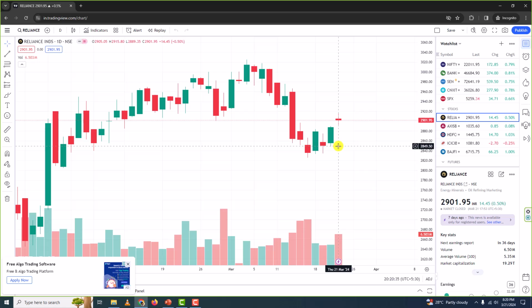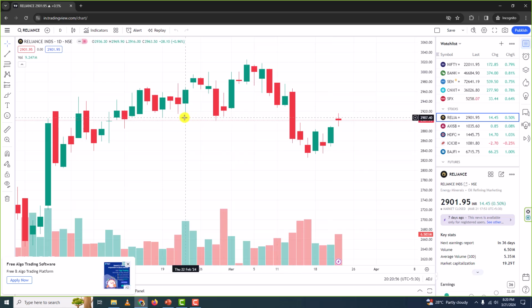2024. In the same way, this candlestick represents the price movement of the stock on 20th March 2024. It represents how the price moved in 1 day.